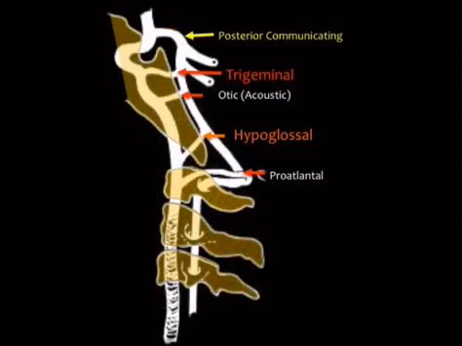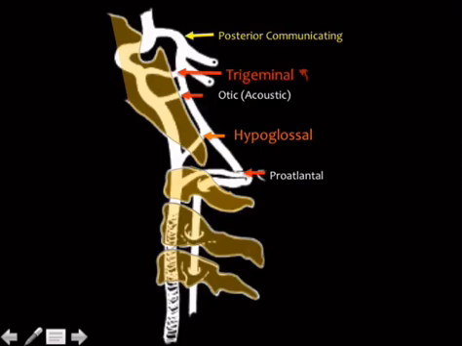So here is a list of all the different communications you can have between the carotid and the vertebral basilar system. I'm just pointing out that obviously posterior communicating is the normal one, and then more inferior to that is the trigeminal. It's the most superior, and it's the most common of the persistent fetal communications.